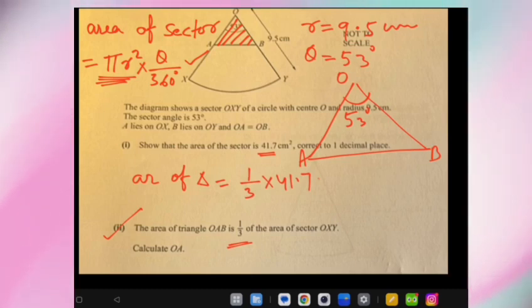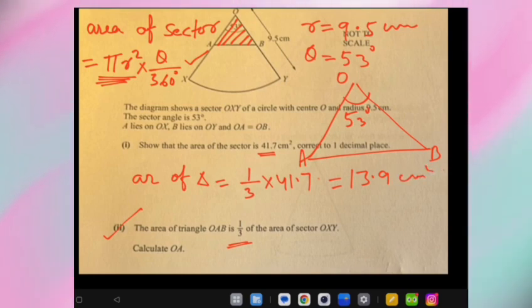If you calculate this, you will get 13.91, so we can write 13.9 centimeter square.